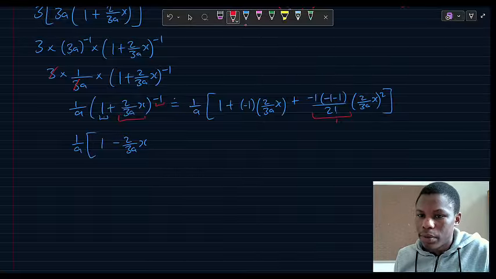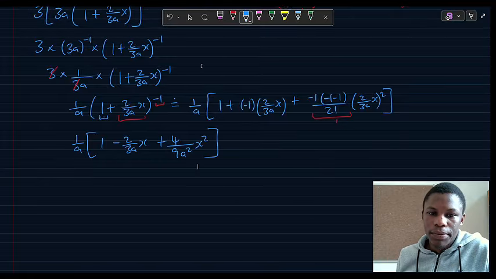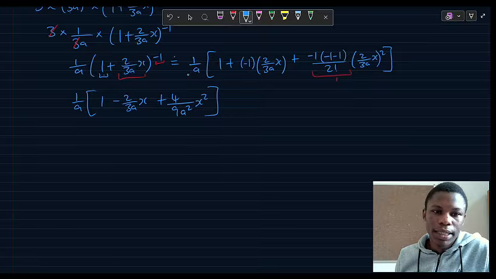And now let's simplify this. So square the 2, you're going to get a 4. Square the 3, you're going to get a 9. Square the a, you're going to get an a squared. Square the x, you're going to get an x squared. All right. And so simplify this. Multiply through by 1 over a.